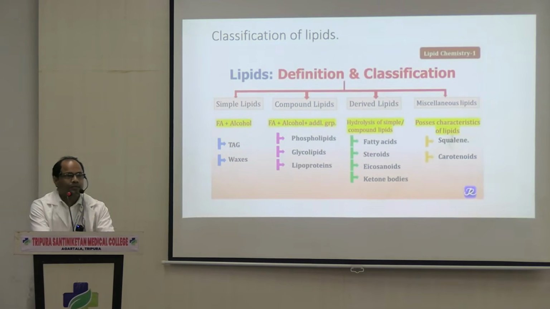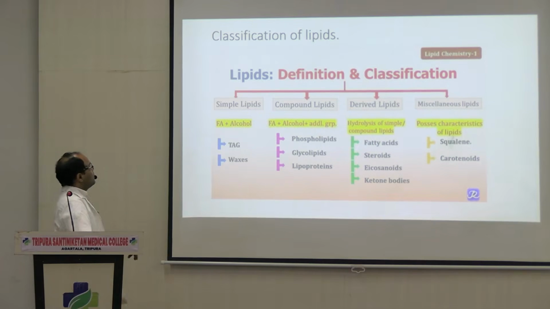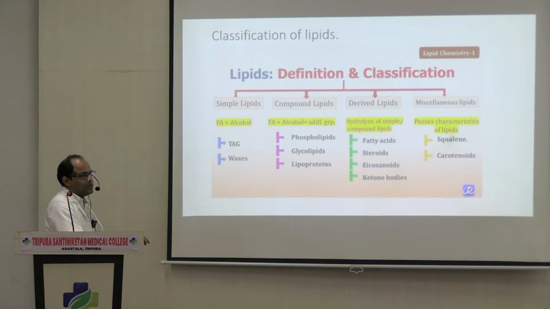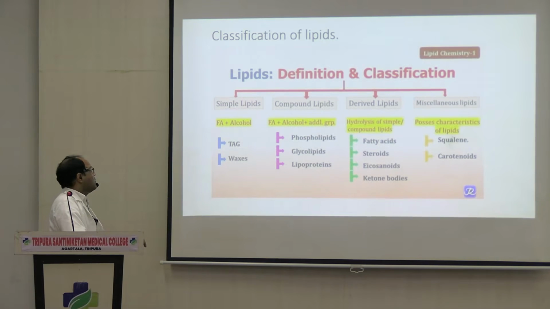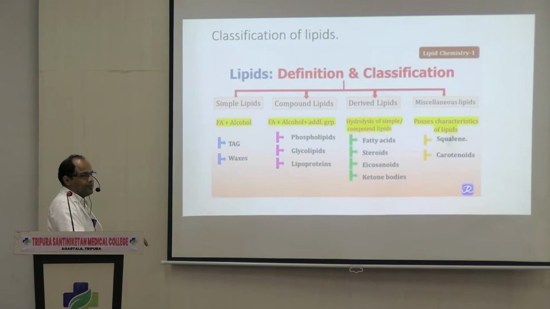Okay, sir? So lipids we can classify them in 4 types. Simple lipids, these are nothing but a fatty acid with alcohol.